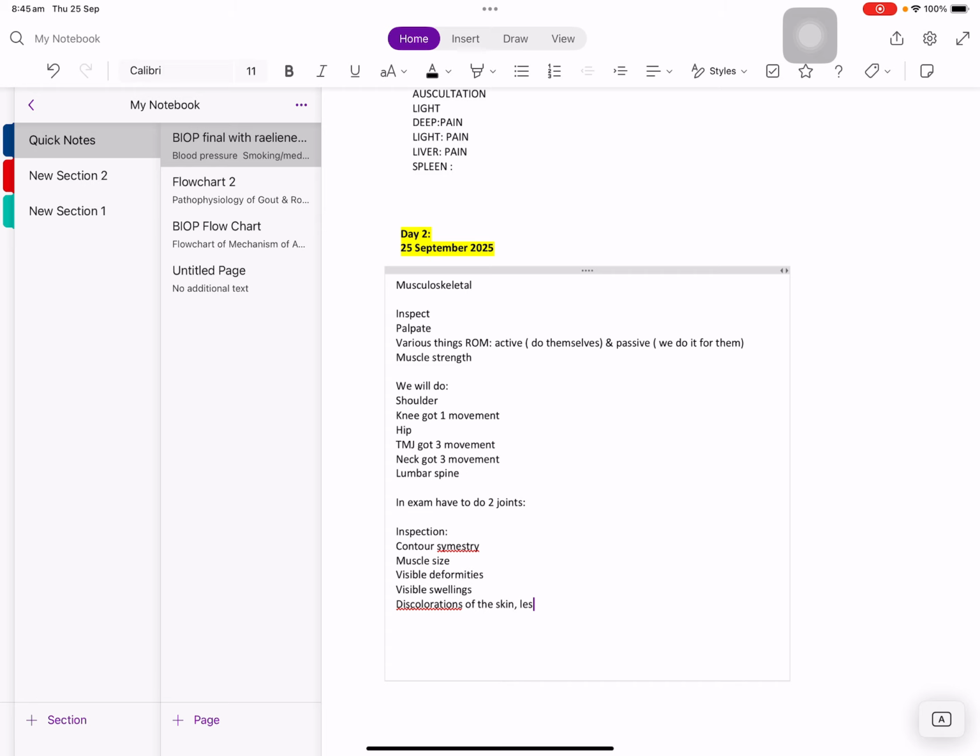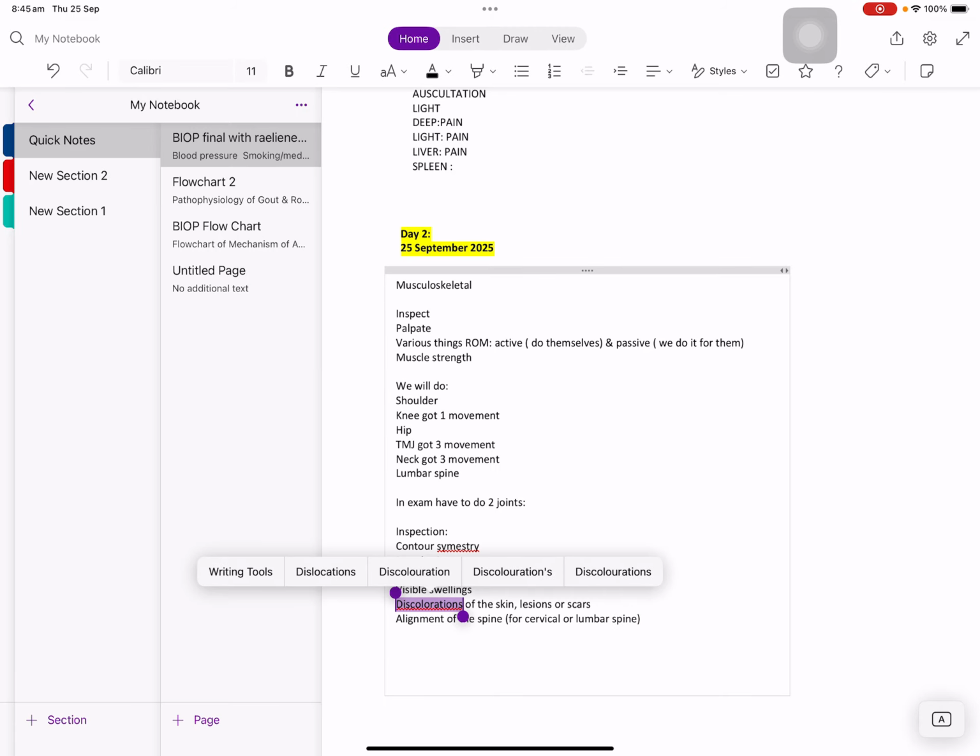Visible deformities, visible swellings, essentially the same thing. Muscle size is really obvious. When you see symmetry, you know muscle sizes are the same, so there can be no swelling. It's just remembering those prompts in your brain. So that's all you're doing.